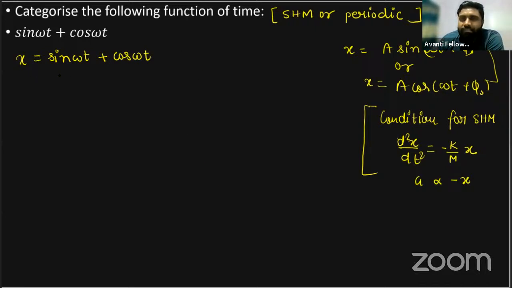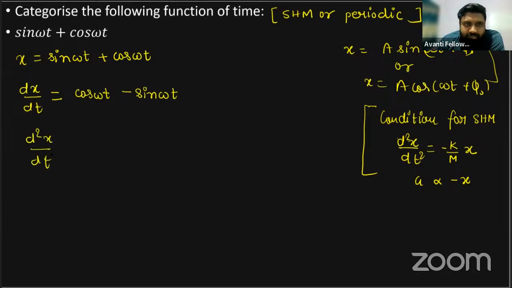Let's see if that happens in this case. If I differentiate sin omega t, it becomes cos omega t, and cos omega t becomes minus sin omega t. Again, if you differentiate, d2x by dt square becomes minus sin omega t minus cos omega t. This d2x by dt square is nothing but the acceleration.